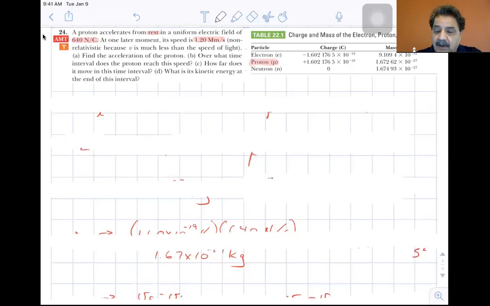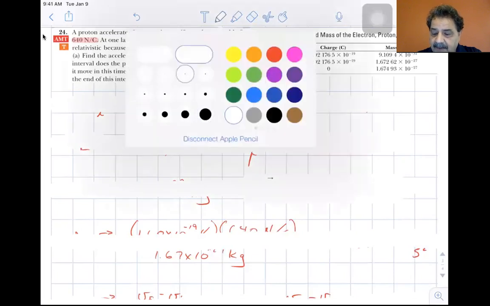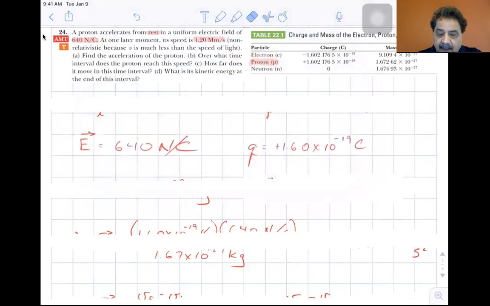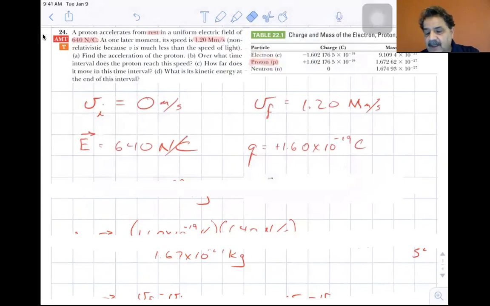Let me make it blue so it'll look different than what I've already got written. Okay, so let's look at our knowns. V initial is 0 meters per second.